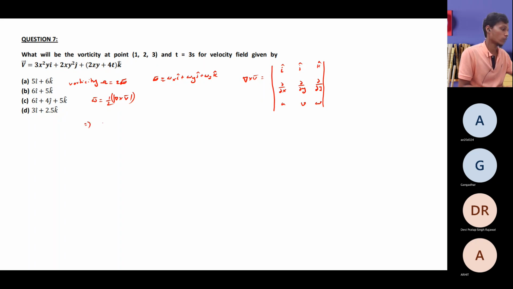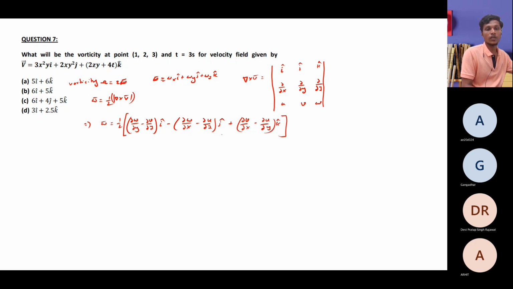So omega bar equals half of (dou w by dou y minus dou v by dou z) i cap minus (dou w by dou x minus dou u by dou z) j cap plus (dou v by dou x minus dou u by dou y) k cap.